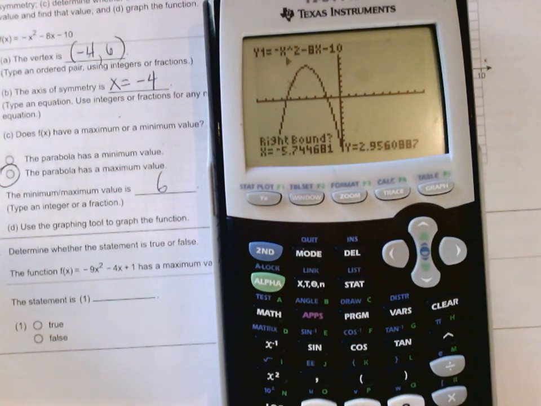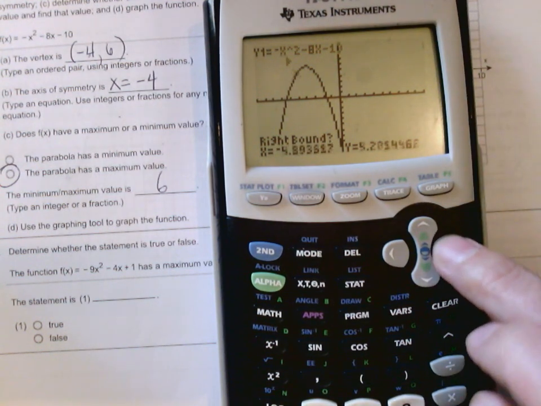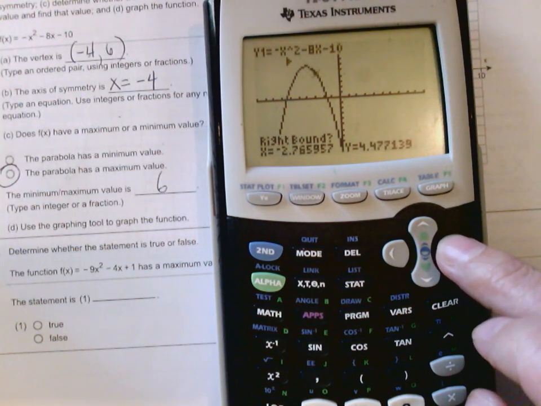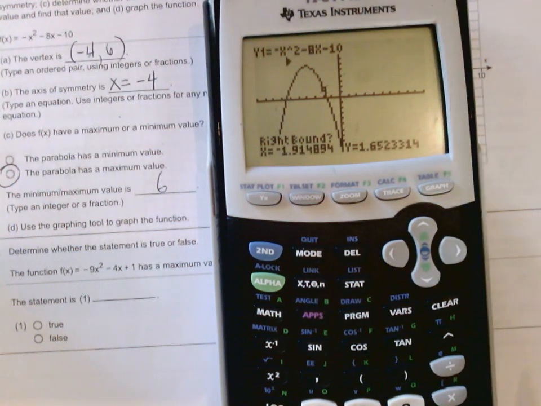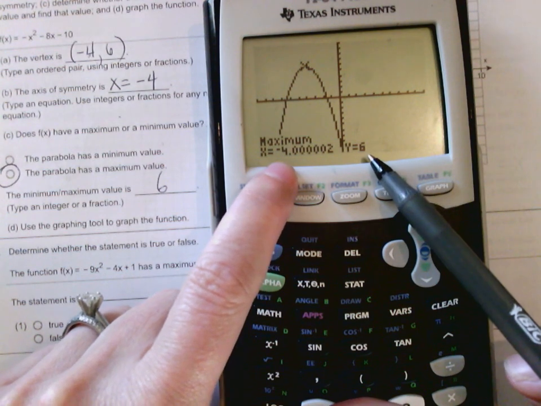Hit enter. Then it says put your cursor on the right side of your parabola. So I just move it back over anywhere on this side and hit enter twice. Look what it gives me: -4, 6. That's your vertex.